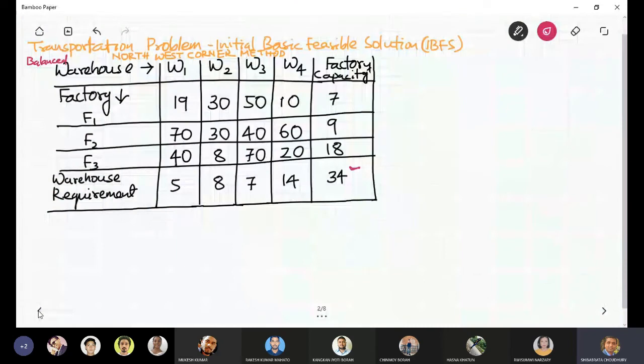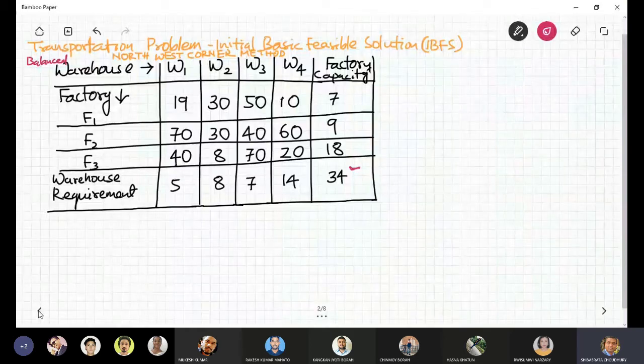It is unbalanced when, suppose, the factory capacity comes to 37 and the warehouse requirement comes to 34. Before going for the unbalanced one, we first have to discuss the balanced one, the situation when demand is equal to supply.